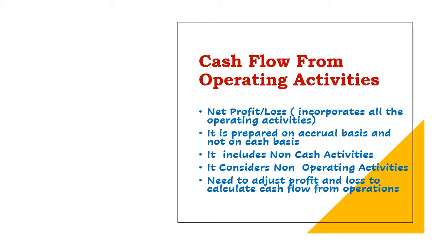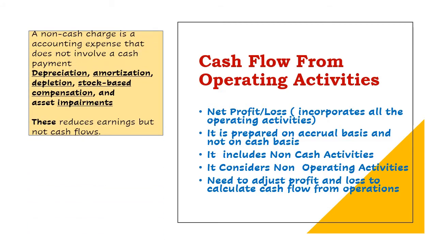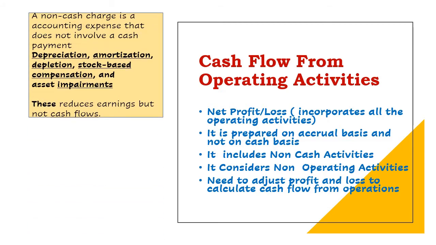Let's try to understand the concept of non-cash activities. These are the activities in which no cash is involved. For example, depreciation, amortization, depletion, stock-based compensation and asset impairments. These activities reduce the earnings, but there is no cash flow involved.